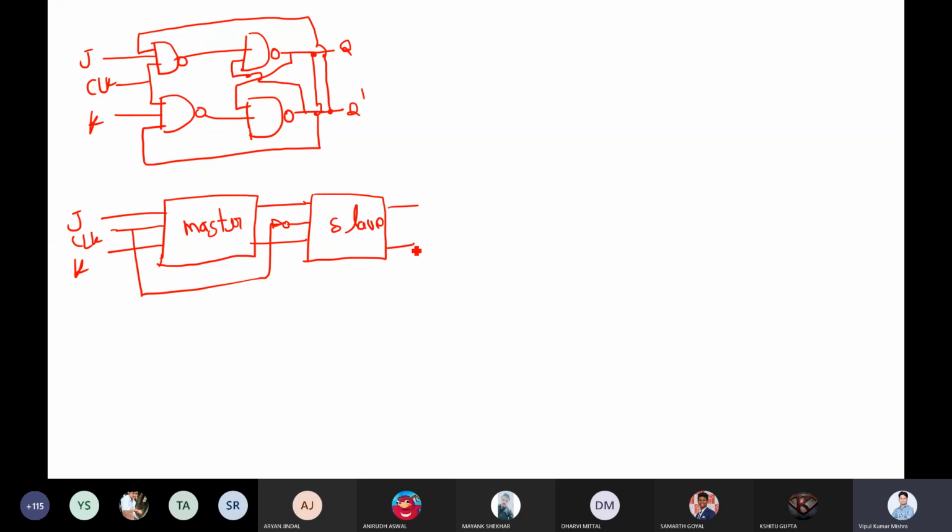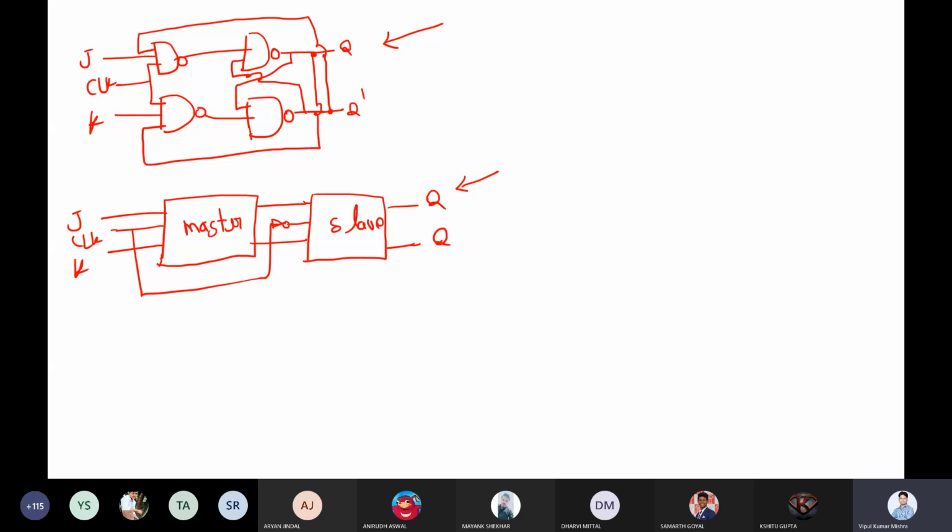What we have seen act as a JK flip-flop in our lecture. So don't be confused. I need to give this clarification because in the exam, suppose I ask a question related to the JK flip-flop, as many of you are reading from the web, you will refer to this as a JK flip-flop and this as maybe a master slave flip-flop.